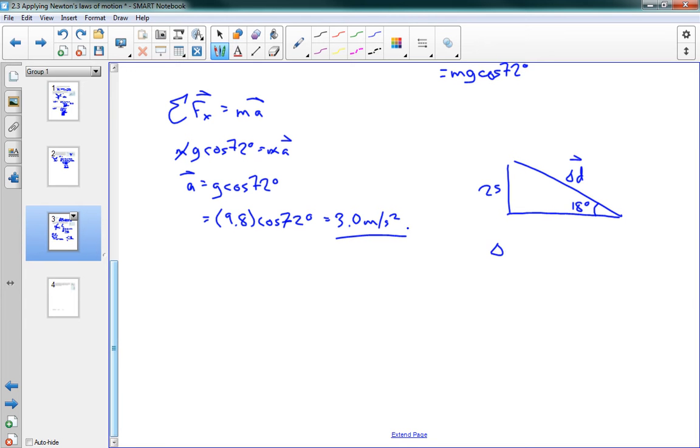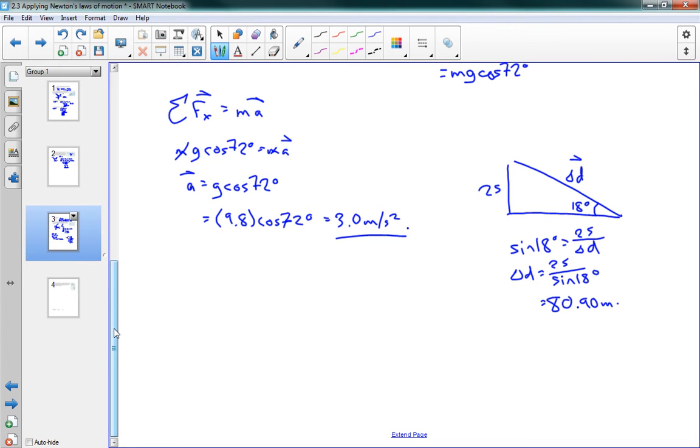So if I want to find my displacement here, well, displacement is going to equal, how can we do this? I'm going to say that the sine of 18 degrees is equal to 25 over the displacement, which means that this is equal to 25 over sine 18 degrees, and that will give me 80.90 meters.